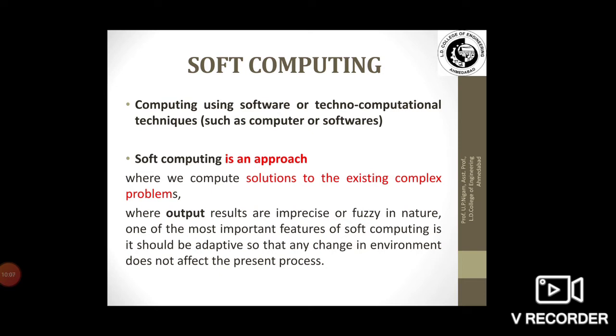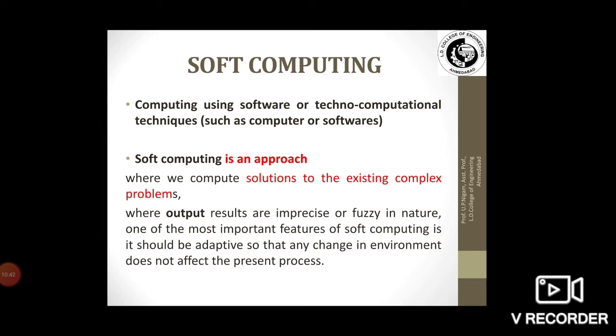So soft computing means computing using software or techno-computational techniques. Soft computing is an approach where we compute solutions to existing complex problems. Already the problems are complex, already the problems are critical, and there is availability of a wide spectrum of data, in which the output results in being imprecise or fuzzy in nature. What do we mean by fuzzy? It means when we are not 100% sure.